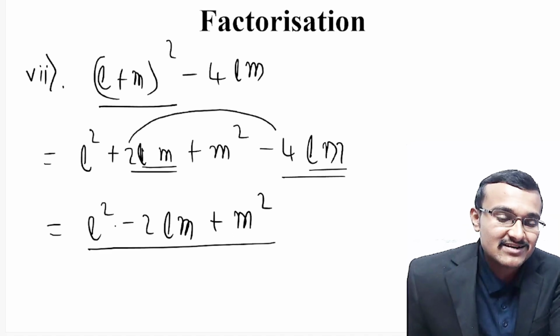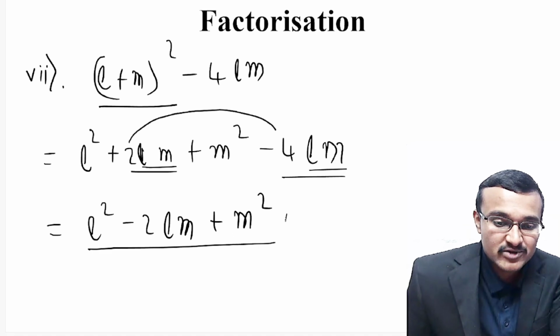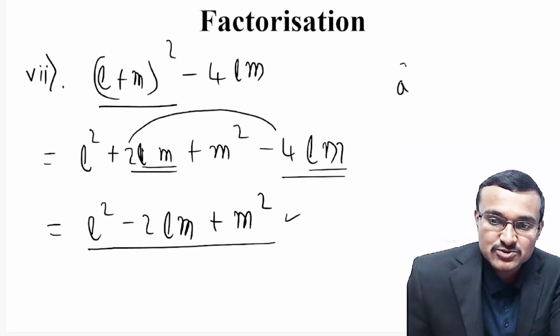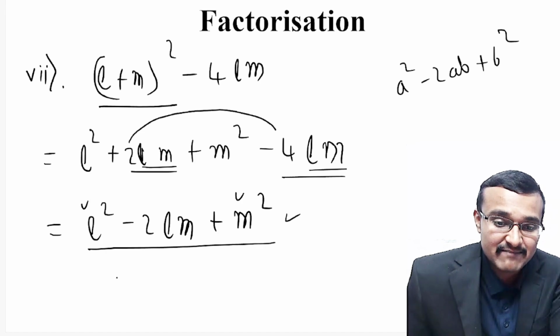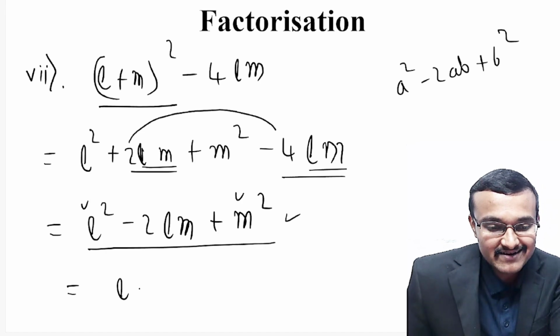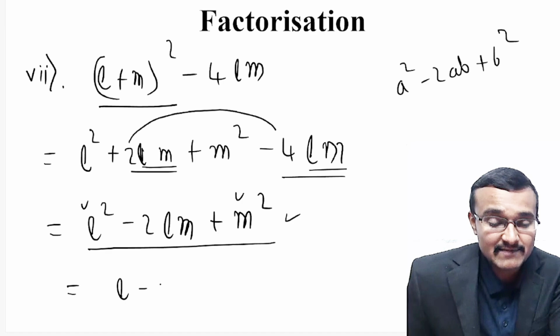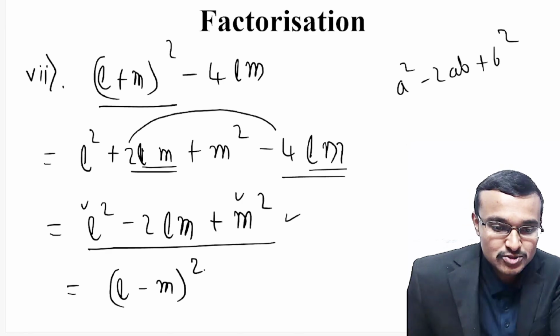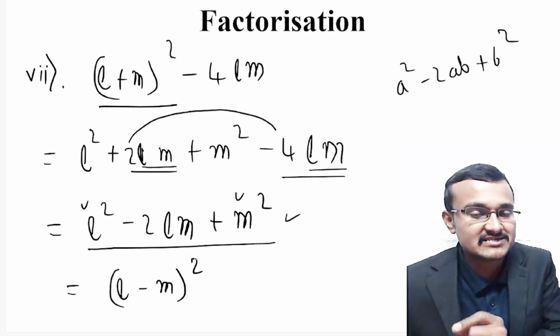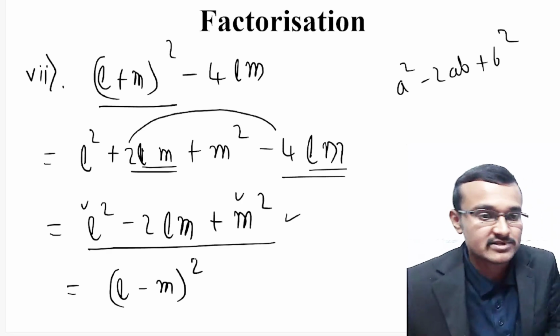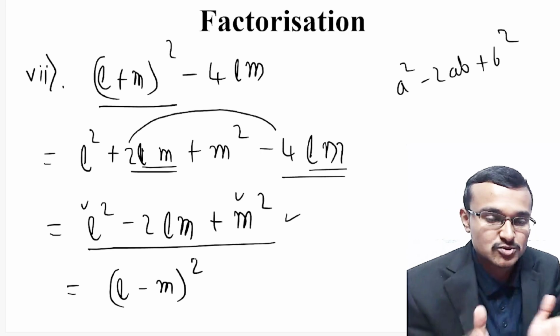You can clearly notice that this expression is in the form of a square minus 2ab plus b square. Here L acts as a, m acts as b. So you can clearly write this L square minus 2lm plus m square as L minus m whole square. So L minus m into L minus m, or L minus m whole square, is the factor for this L plus m whole square minus 4lm.